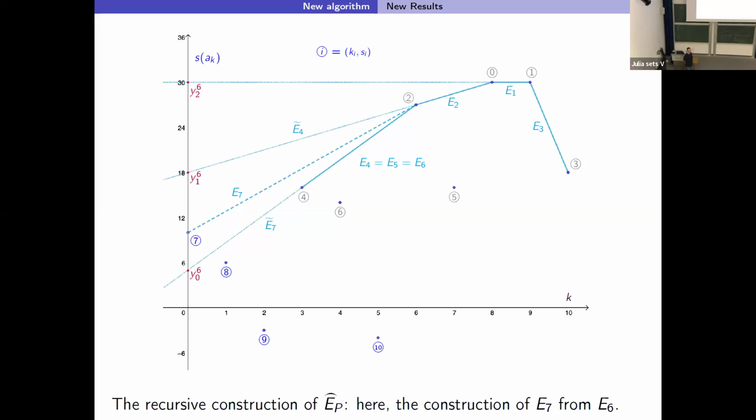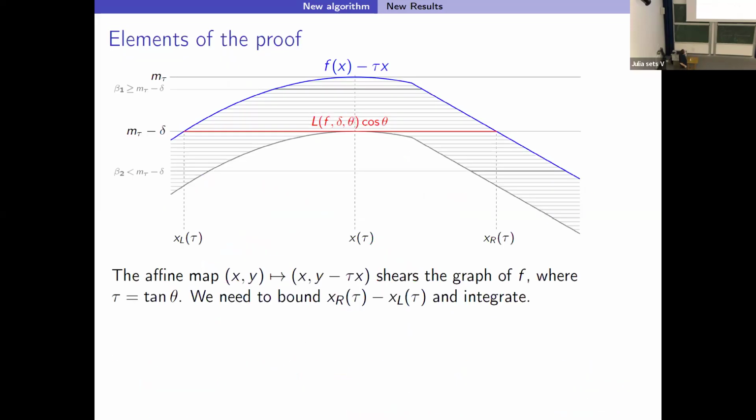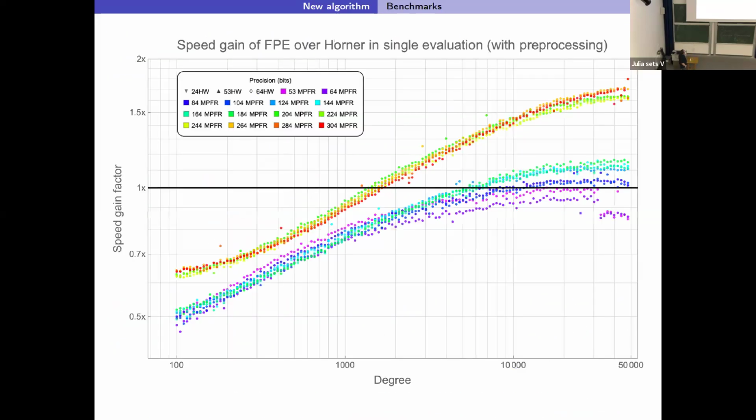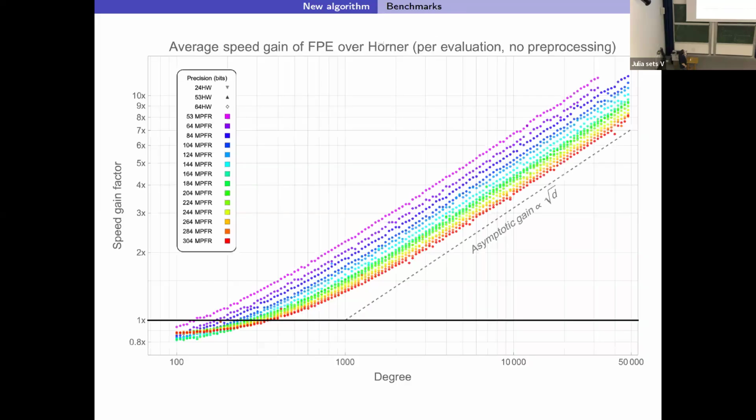I have a question. Does this method work well for high degree polynomials of order 100 or so? It works, but your gains may not be so large. When you are at 100, actually you're a little bit slower.